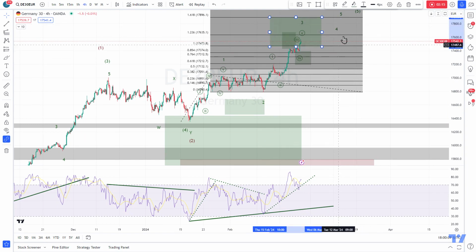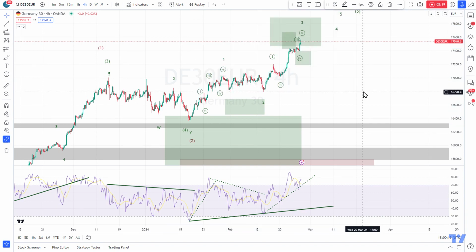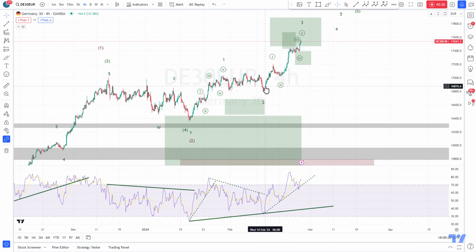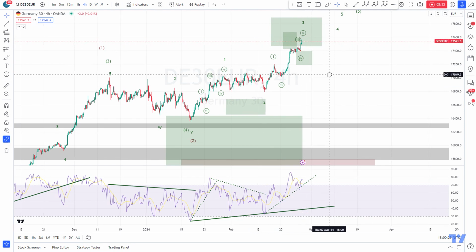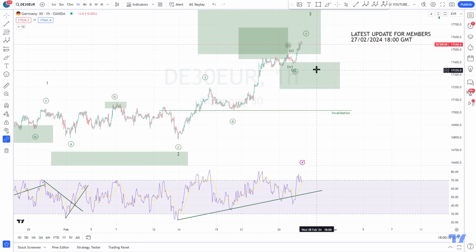So we are currently now at this area. So it is interesting now to consider the sub waves here. Are we ready for a pullback, or is more upside to come? So therefore we go to the 1 hour time frame.